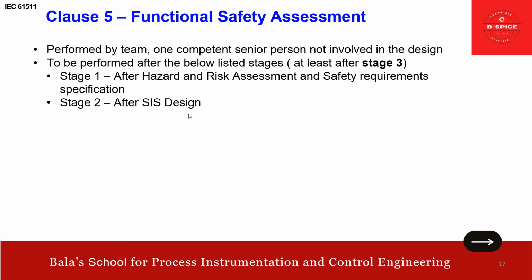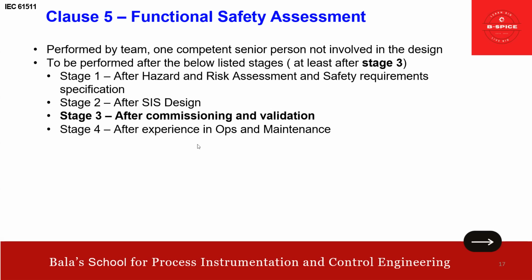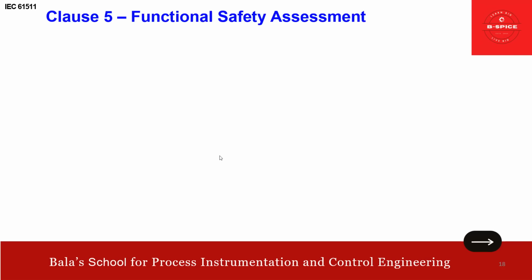Then after this, SIS design, stage 2. Then stage 3, after commissioning and validation. So the point is we need to perform this assessment after these stages. Then stage 4 is after experience in operation and maintenance. Stage 5 is after modification. So this is the safety assessment.